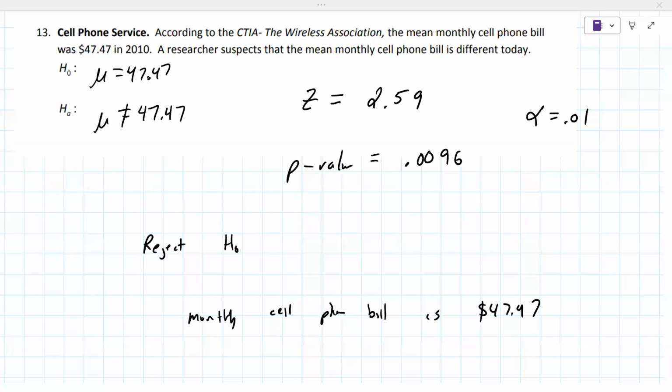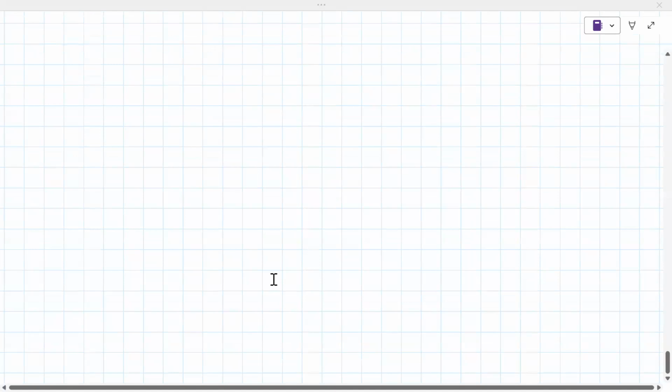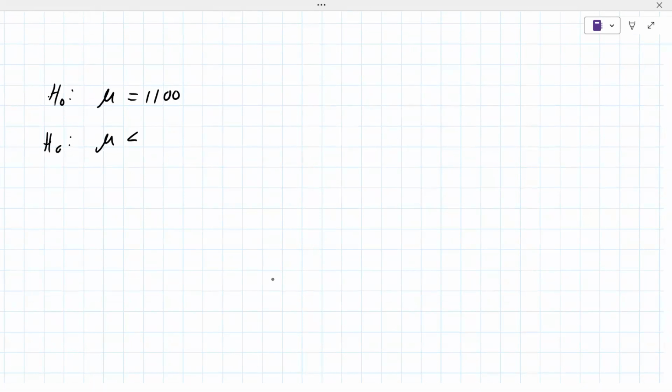Okay. Let me try to find one more example here. Let's say we find that H0 is mu equals 1100 and HA is that mu is less than 1100. And you find that the Z value is negative 1.33. Could you find the p-value for us, please?